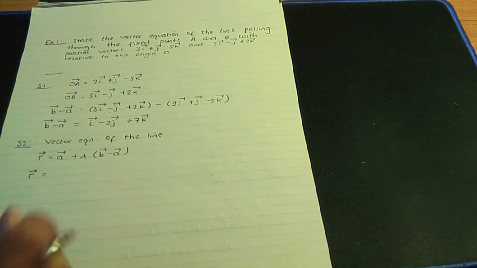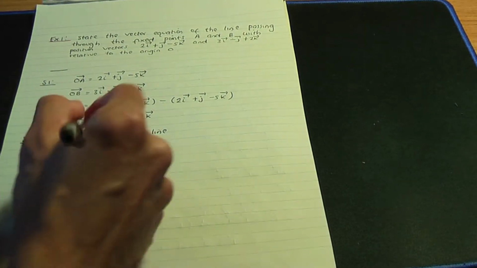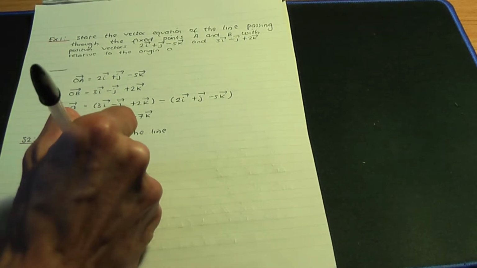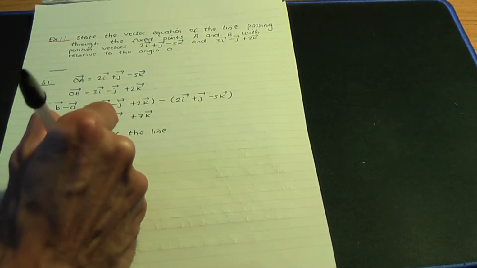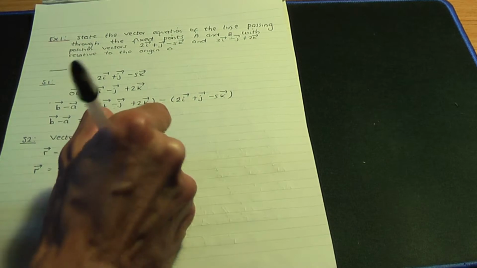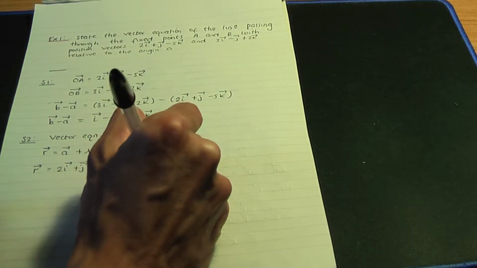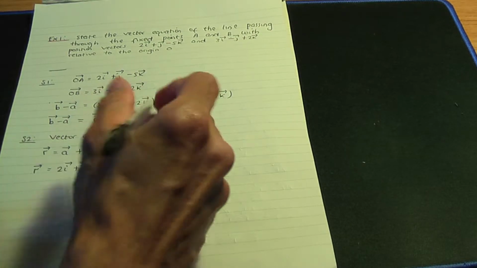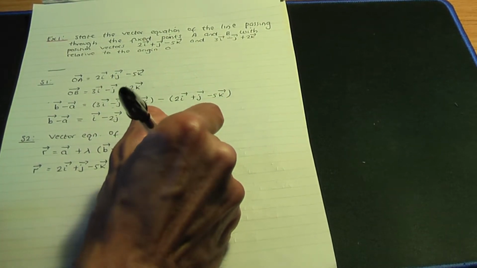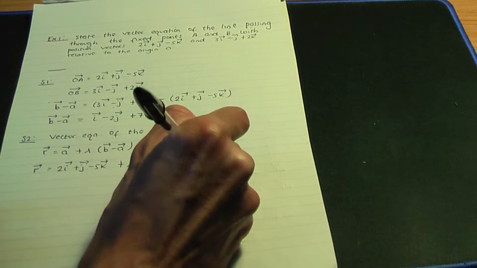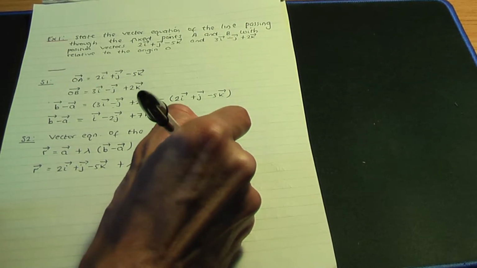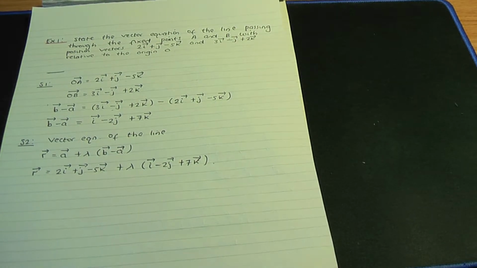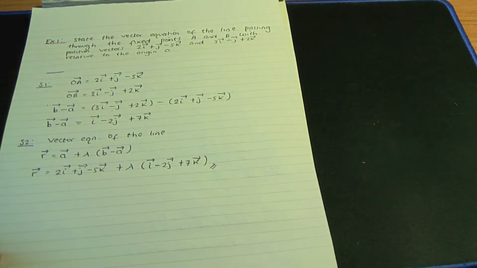So the answer will be r equals the vector a, that is 2i plus j minus 5k, plus lambda times b minus a, which from step 1 is i minus 2j plus 7k. That completes that example.